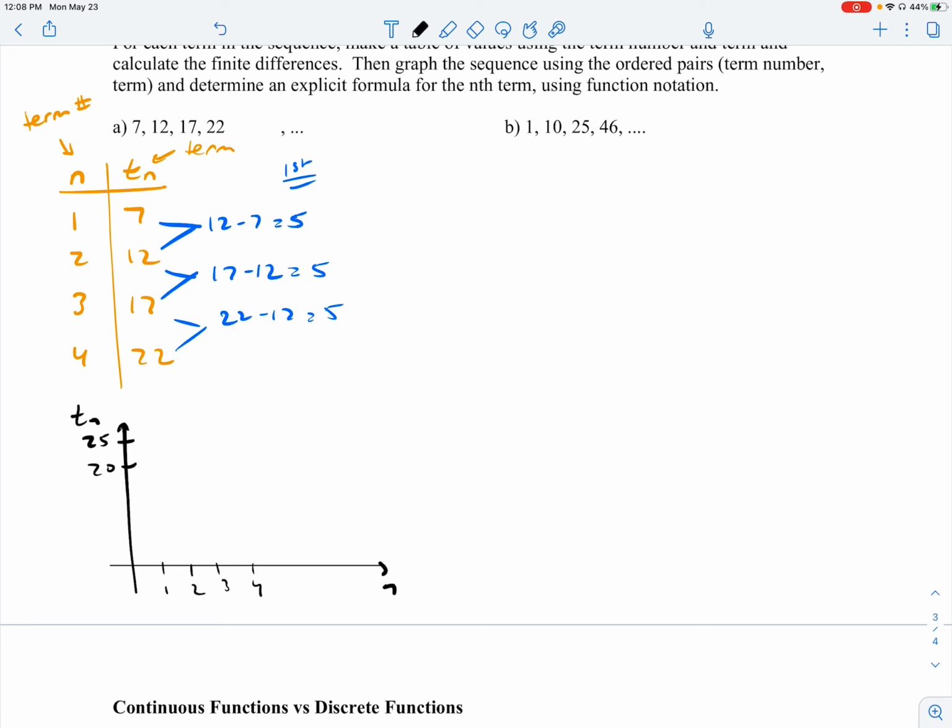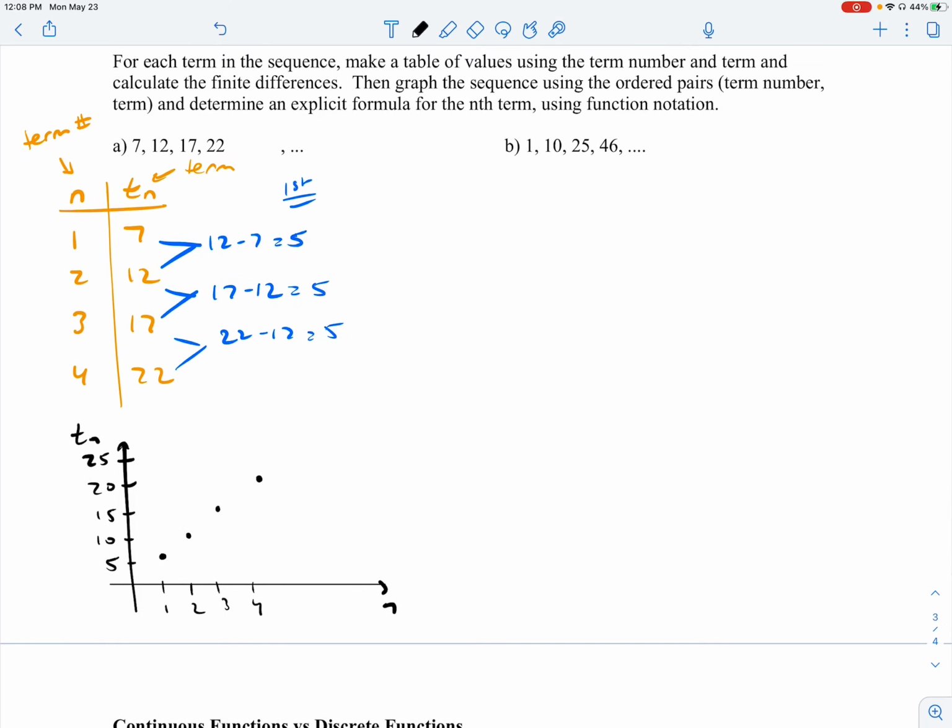And then we'll do 20, 15, 10, and then 5. So that's a good scale for that. So 1, 7, that would be about right here. 2, 12, that would be about right here. 3, 17, that would be about here. And 4, 22, be about there. Sorry, a bit higher actually. Okay, so there's my graph.